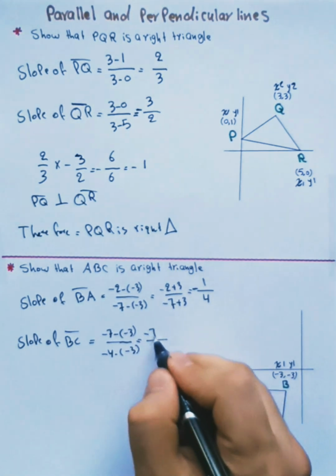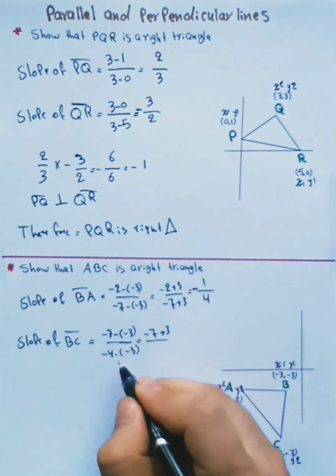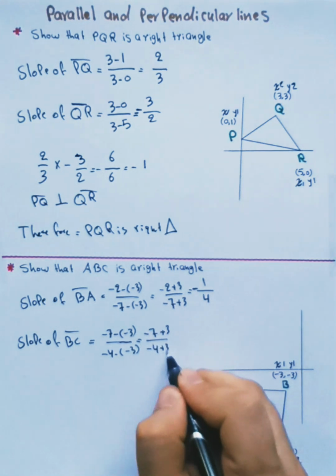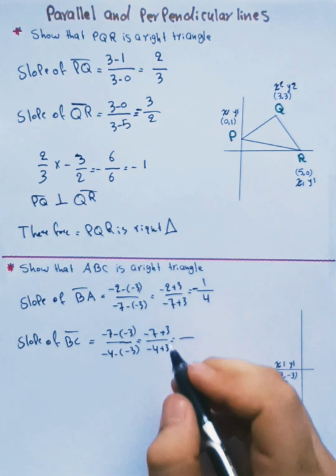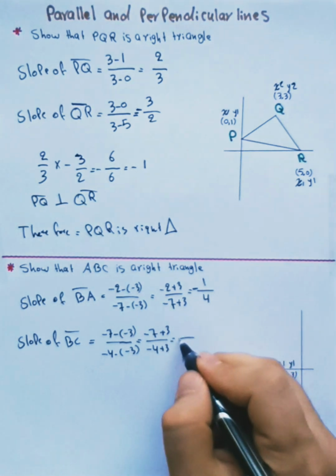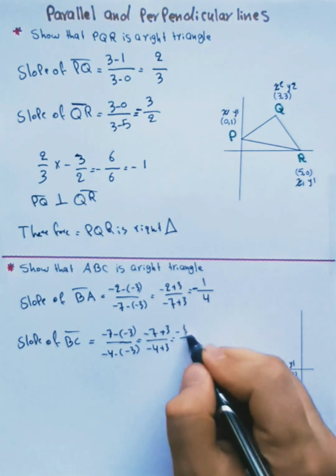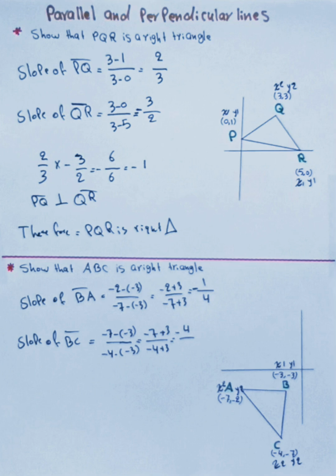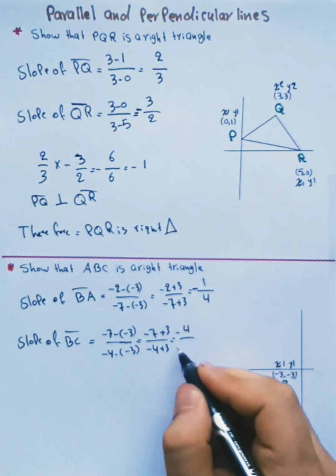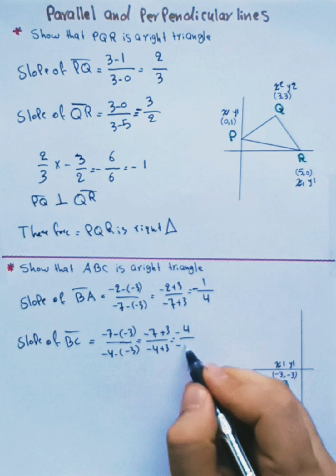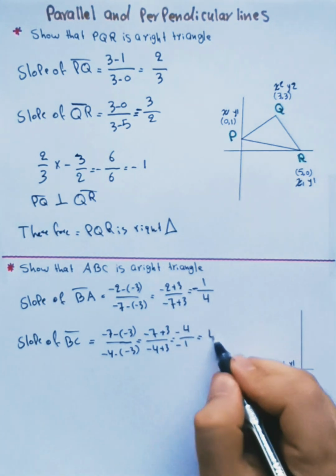Then we have negative 7 plus 3 out of negative 4 plus 3, so we will get negative 4 out of negative 1 equal to 4.